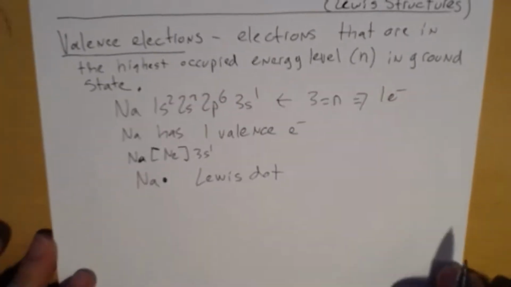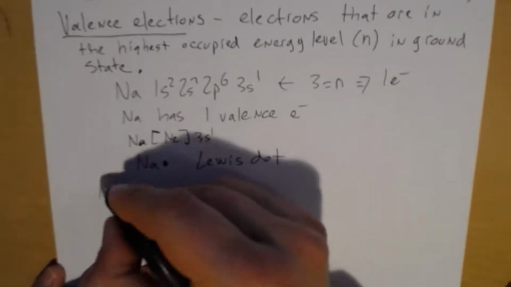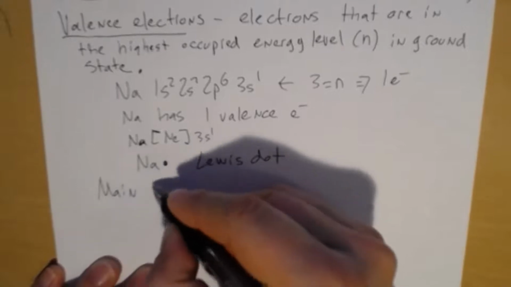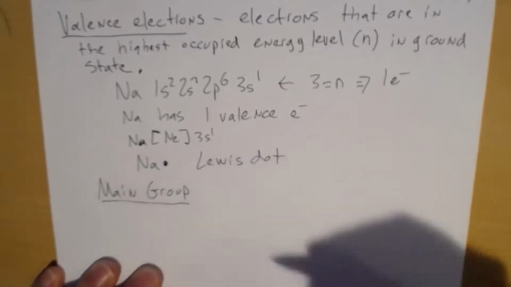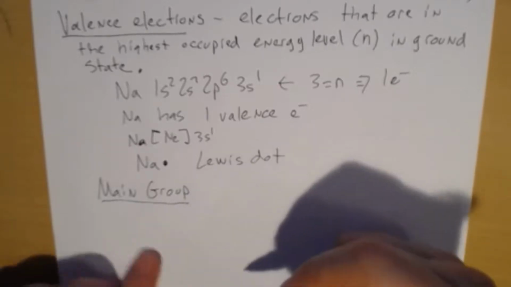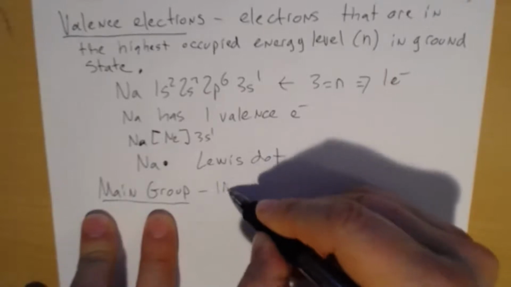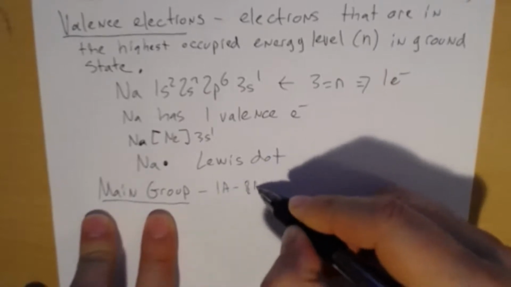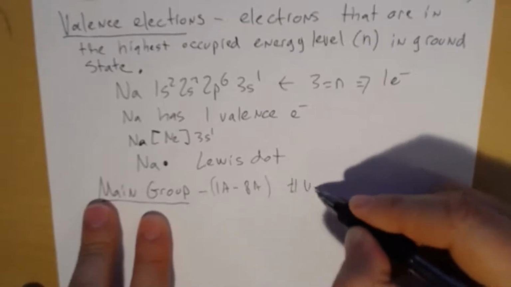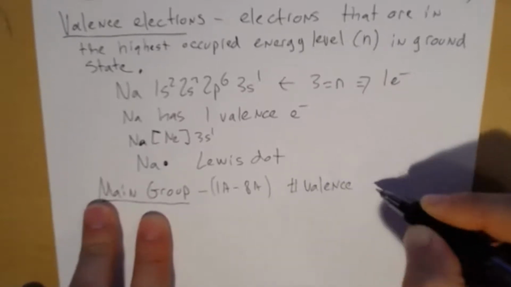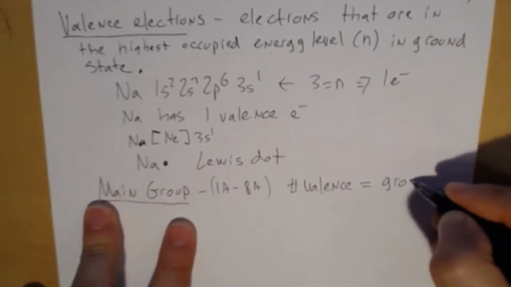There's a simple way for doing this, especially for main group elements. For main group, which was main group again? 1A through 8A. Perfect. So for the 1A to 8A main group, the number of valence electrons is equal to the group number.